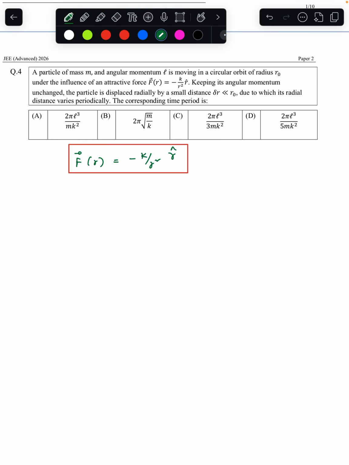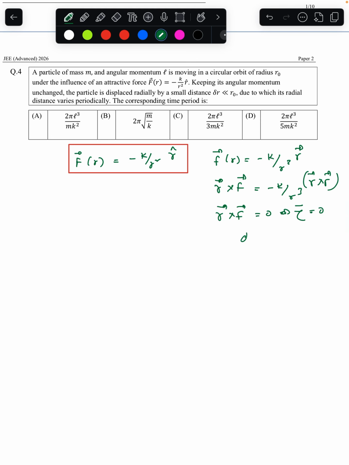Although we will develop it in detail right now, one very simple, straightforward derivation you can do: if you express this force F as minus K by r cube into r vector, and do r cross F, it will become minus K by r cube r cross r. r cross r becomes 0, so r cross F becomes 0. r cross F is nothing but torque, so torque is 0, dL/dt becomes 0, hence angular momentum becomes constant. So this is the simplest proof of conservation of angular momentum for a central force field.